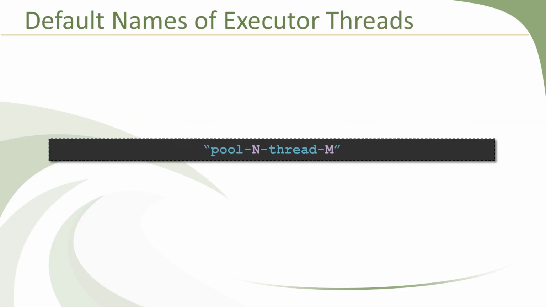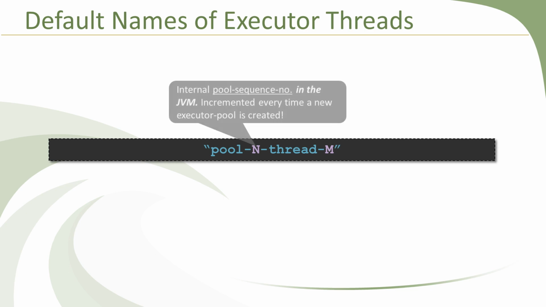In general, whenever an executor pool is created, the thread names will be in the general format pool n thread m. Here, pool refers to the executor pool and the thread refers to the thread inside that specific pool. N stands for the pool sequence number.